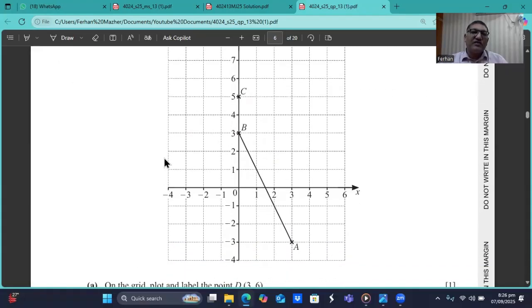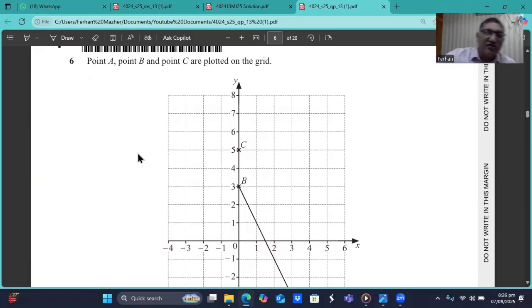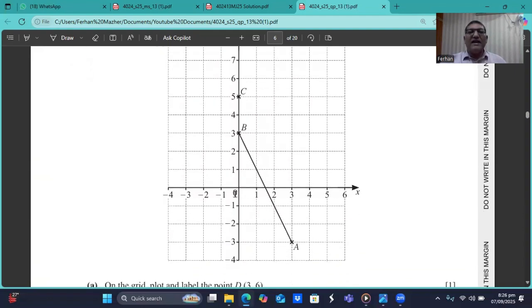Now we are going to the next question, that is question number 6, coming up on your screen. It says point A, point B, and point C are plotted on the grid. You can see here the point C, its coordinates are 0, 5. The point B, its coordinates are 0, 3. And then we have the point A, whose coordinates are 3, -3.